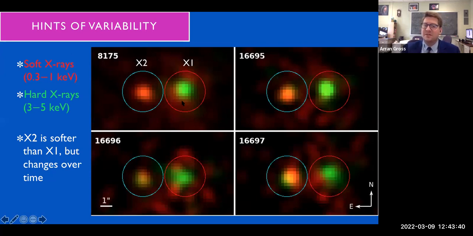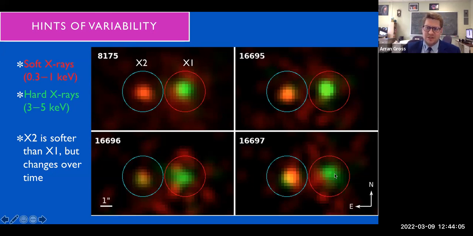First of all, I have this color coded in hard X-rays in green and soft X-rays in red. And even with the first observation, we noticed that these two regions have distinct personalities, spectrally speaking. And those seem to change gradually over time. X2 starts out being mostly soft, but then we see evidence of hard X-rays come into play later on.